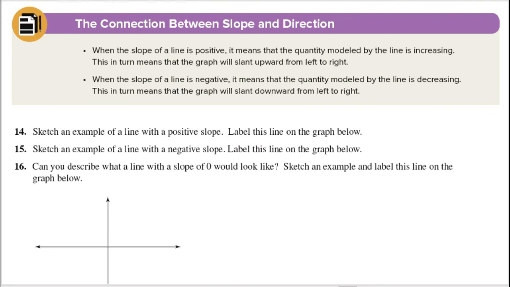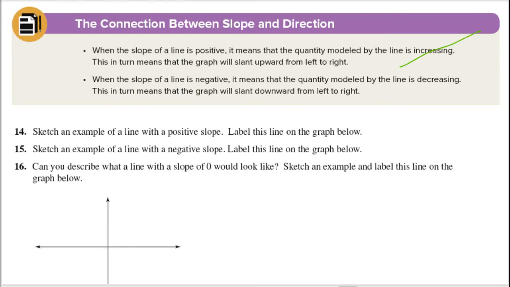Quick discussion here. Read through this, and then restart the video once you've read it. So, connection between slope and direction. When the slope of the line is positive, it means it goes up to the right.